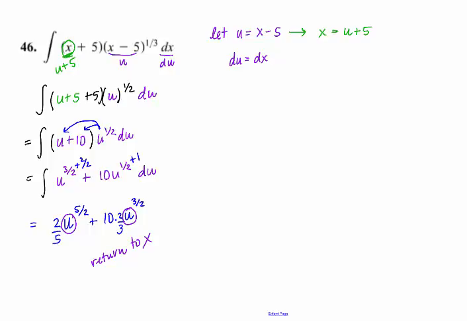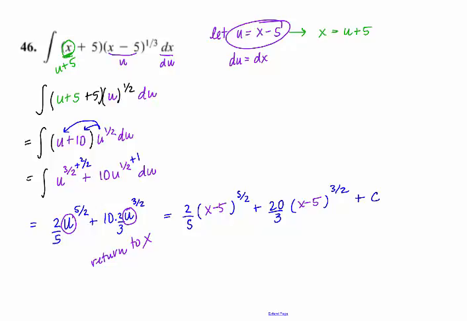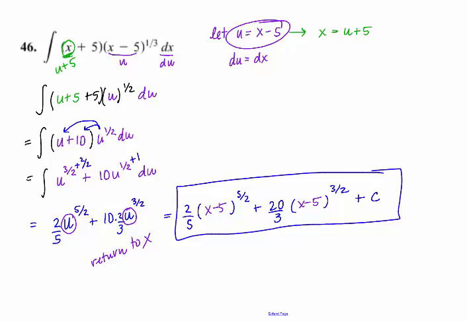So each of these cases of u is an x, really, some expression of x, and that something with x is the relationship we established in the beginning. U was x minus 5 in both cases, and plus some constant of integration for the general antiderivative of this function.